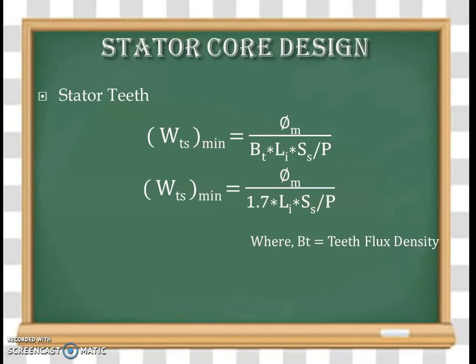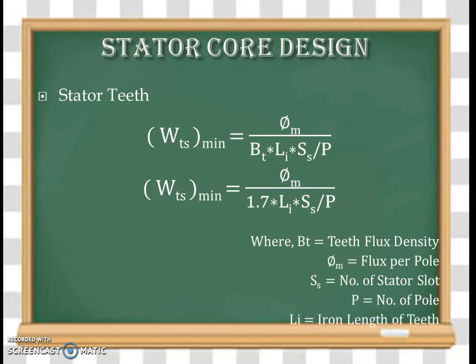So teeth flux density, we have already discussed, that is BT for teeth. Then flux phi M, that is maximum flux per pole. SS, that is the number of stator slots. P is the number of poles, and Li, that is the iron length of the teeth. So this way we are able to decide the minimum width of the teeth.